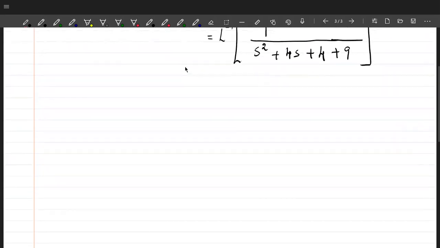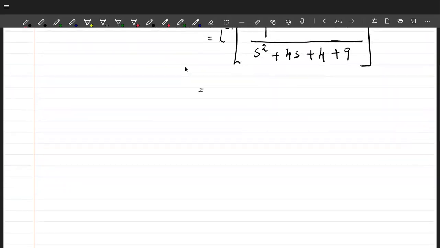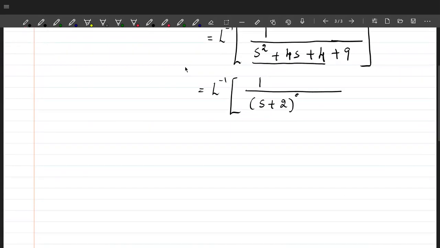So that's equal to L inverse of 1 by, now take the first 3 terms here. You have s square plus 4s plus 4, which is also equal to s plus 2 whole square. And this number 9 can be written as 3 square.